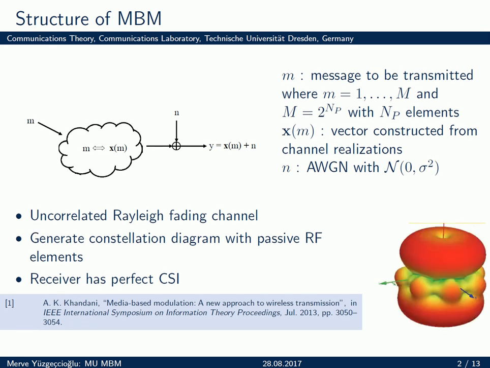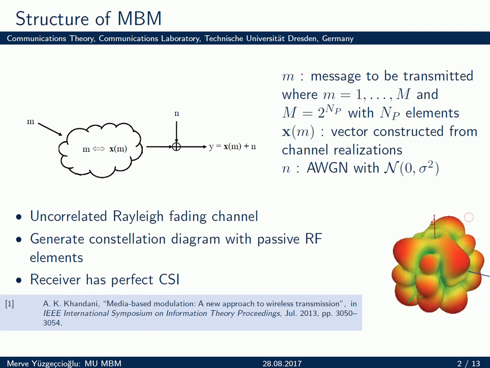So this might be the result of one combination, and this one might be another realization resulting from another combination. So we have a total of N_P RF elements, and as a result we have M different realizations that we can generate by using these N_P elements.